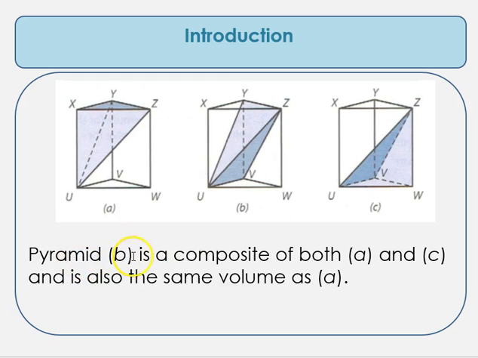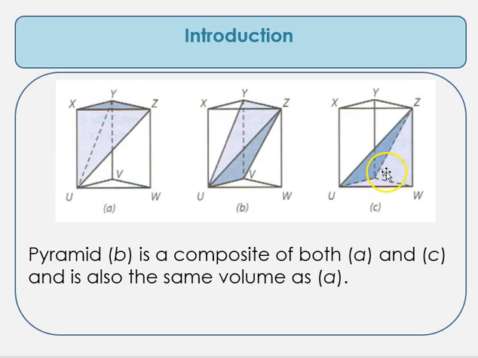Pyramid B actually is also congruent. It's reversed and it's a little difficult to see, but if we compare YUZ here in pyramid B, if you look at pyramid A, you'll see with the dotted lines that it would fit right in there.